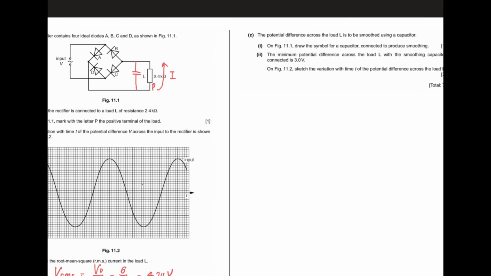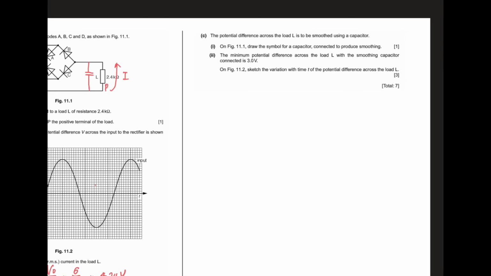And part 2. The minimum potential difference across the load L with the smoothing capacitor connected is 3.0 volt.